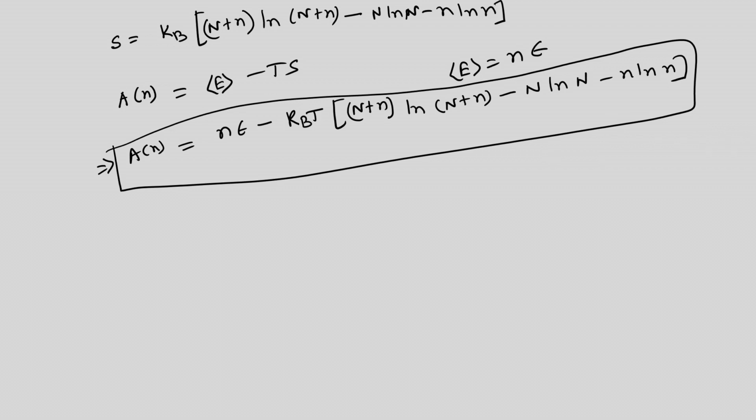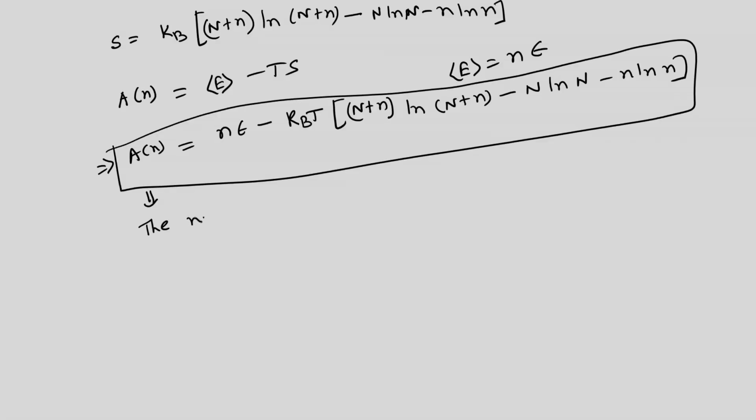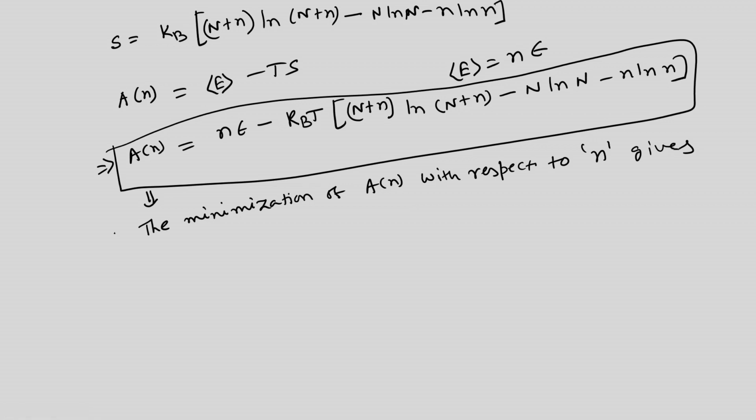So, we get the equilibrium configuration from this Helmholtz free energy by minimization of A(n) with respect to small n, which gives the equilibrium number of defects.